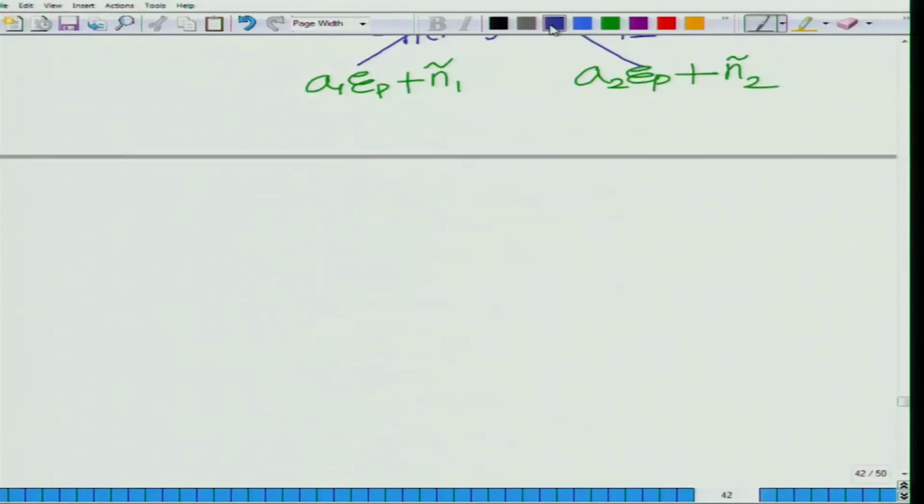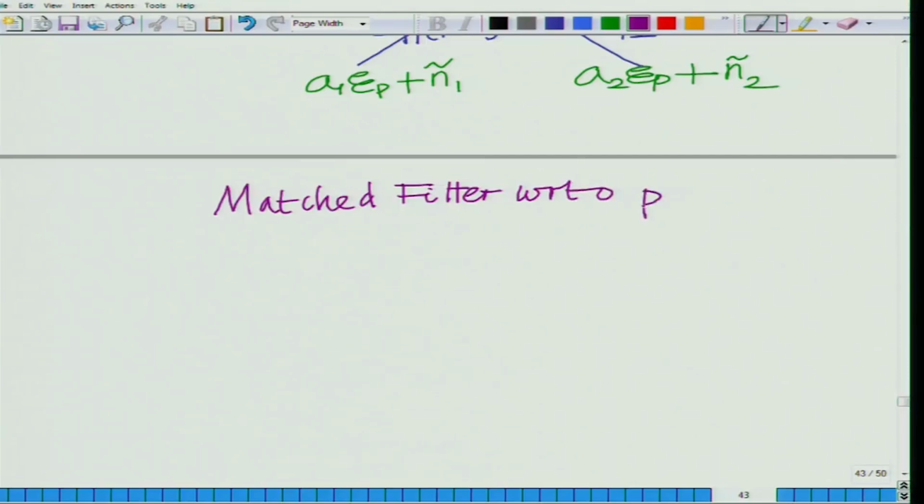Now, let us look at how this operates. So, let us say we match filter with respect to h(t) equals P1(T minus t).